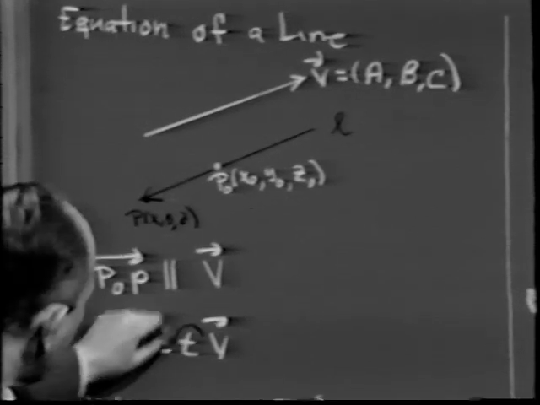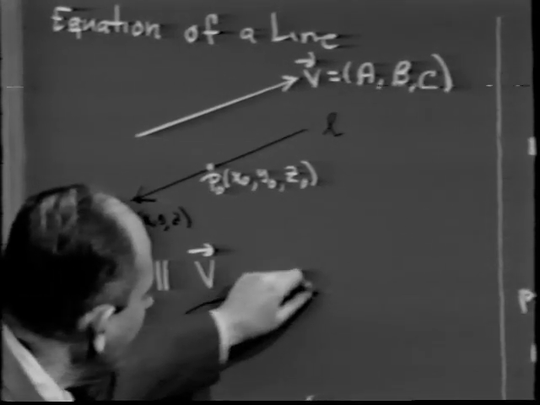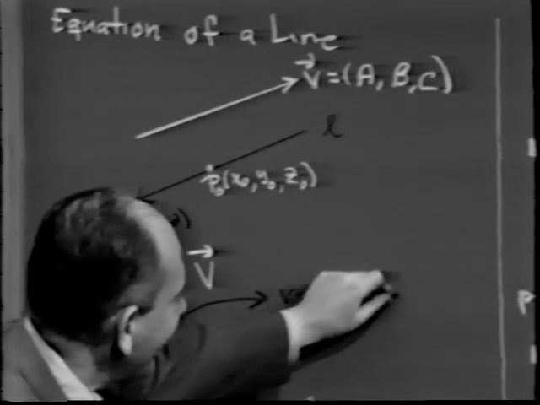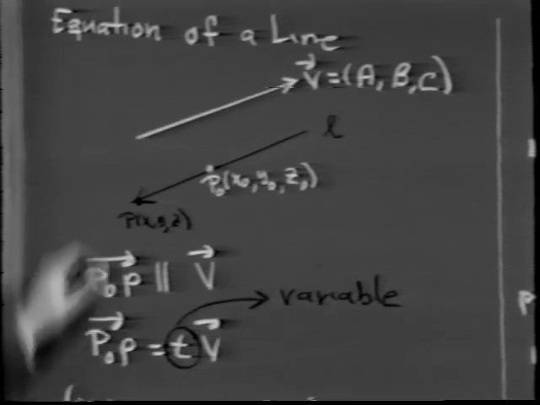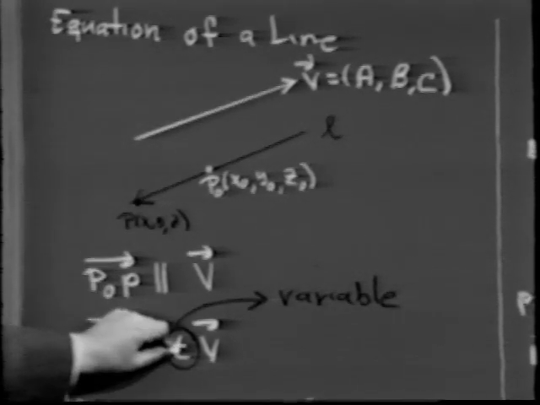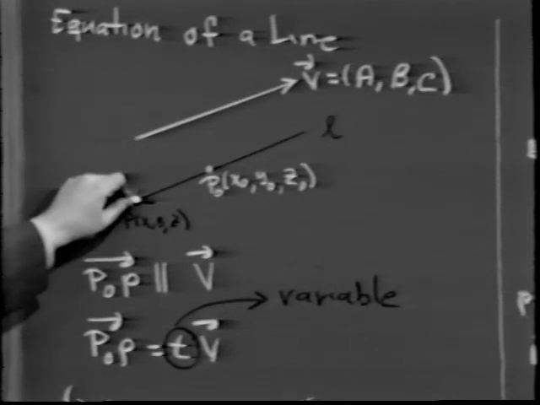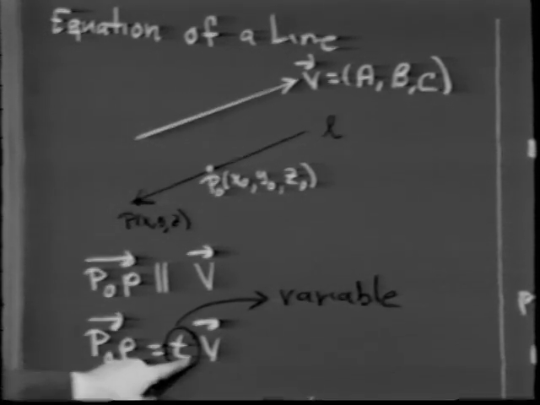And let me pause here for a moment to point out that this constant is really a variable. That sounds awful. How can a constant be a variable? What I mean, of course, is that P was any point on this line. Notice that t determines the length of P0P, and how long P0P is going to be depends on where I choose P. In other words, for different choices of P, I get a different scalar multiple.